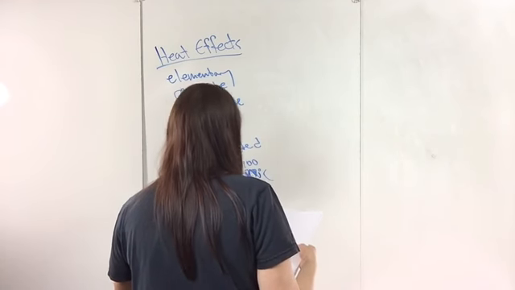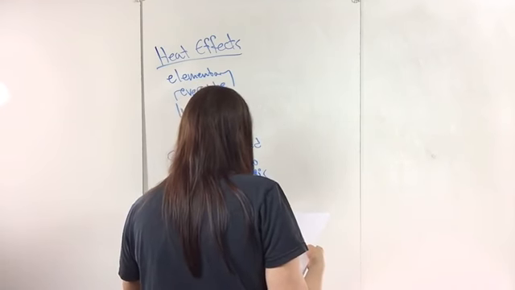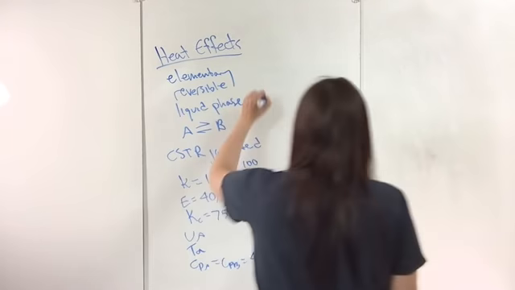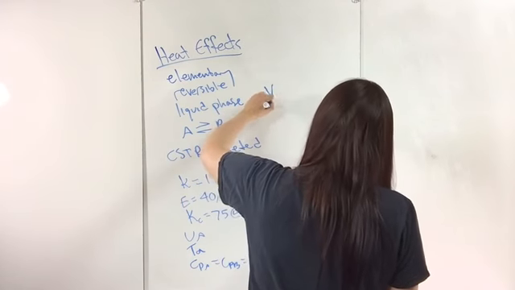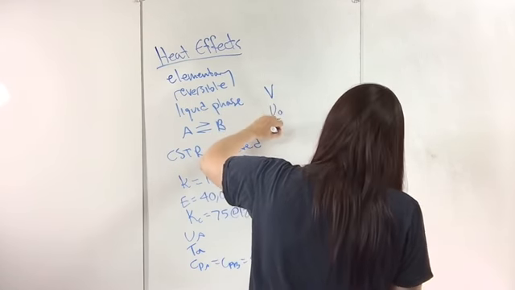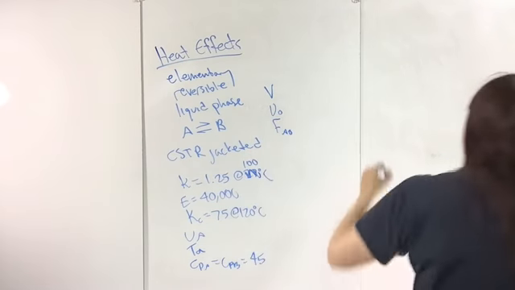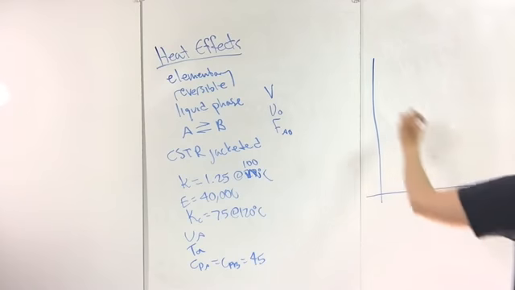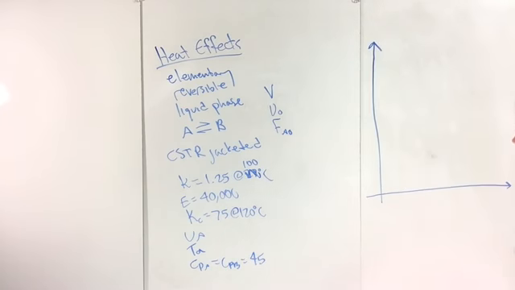So you have UA, TA, CPA is equal to CPB is equal to 45. You know the volume, you know V naught, and you know FA naught. The reason I'm skipping over that is because the whole point of this problem is to show you how this graphical method works.